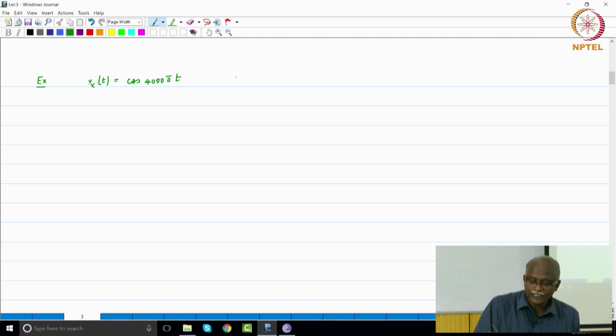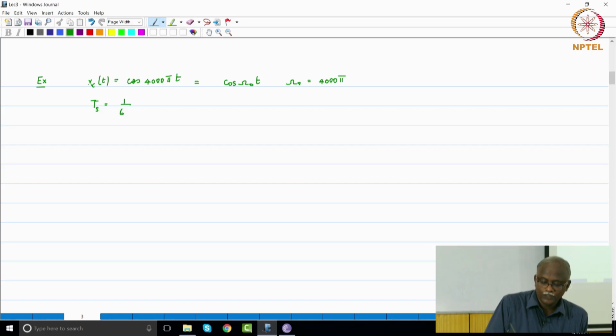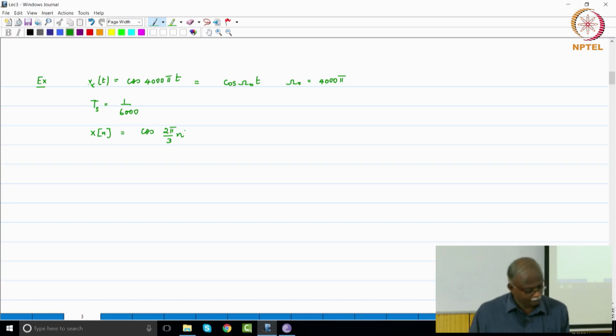Using the continuous time notation, cosine omega naught t, omega naught is equal to 4000 pi. And we said that we would sample it at Ts equal to 1 over 6000, that is, at 6000 hertz, and this gave us x of n equal to cosine 2 pi by 3 times n.